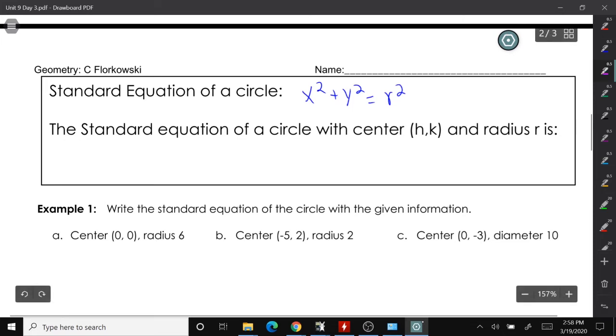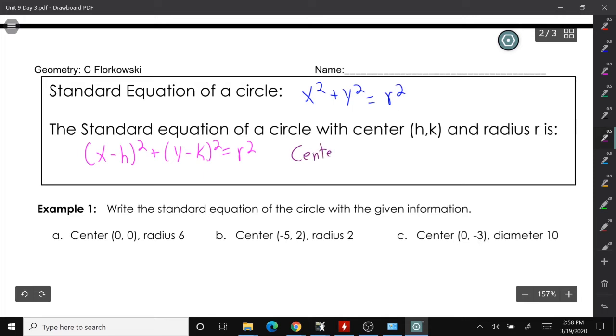Now, if the center is not at the origin, then the equation is going to look like this. So again, the center, that's at h comma k. So the opposite of what you see. And r is your radius.